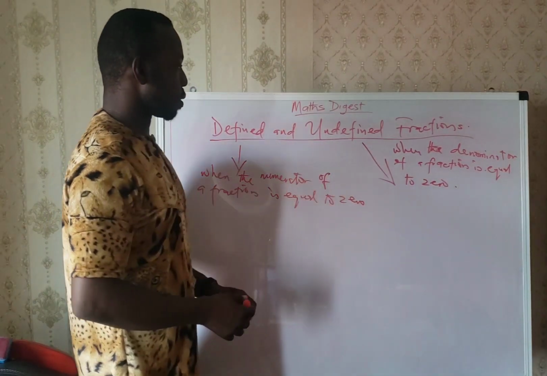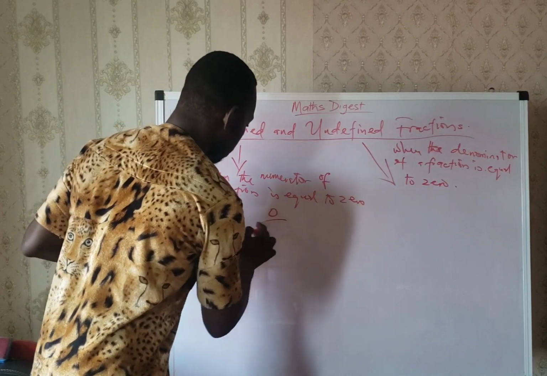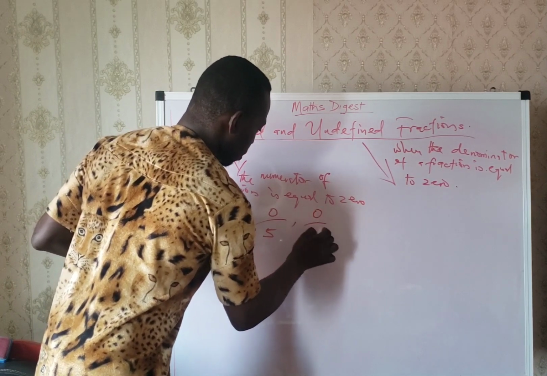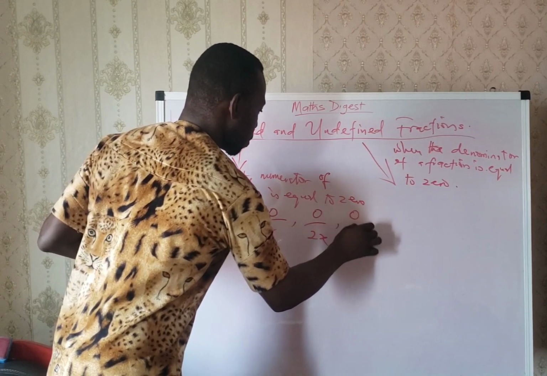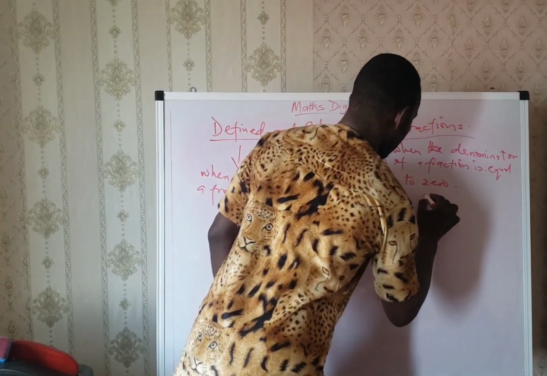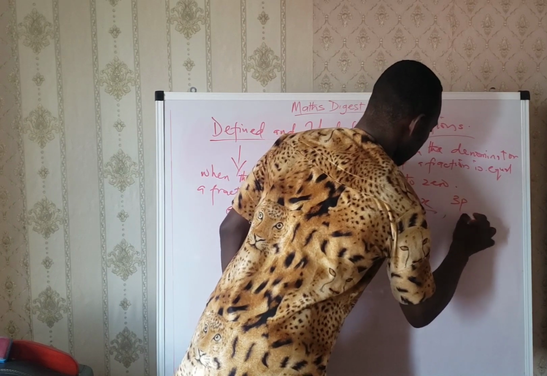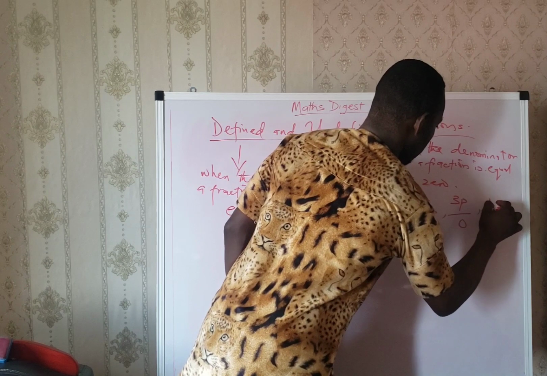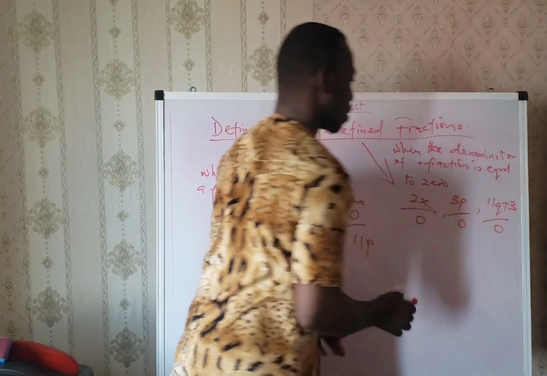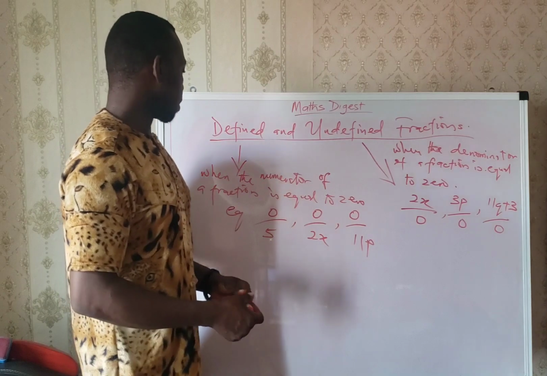So quickly we are going to take examples on this. For instance, if we have 0 over 5, or 0 over 2x, or 0 over 11p and so on and so forth, these are examples of defined fractions.